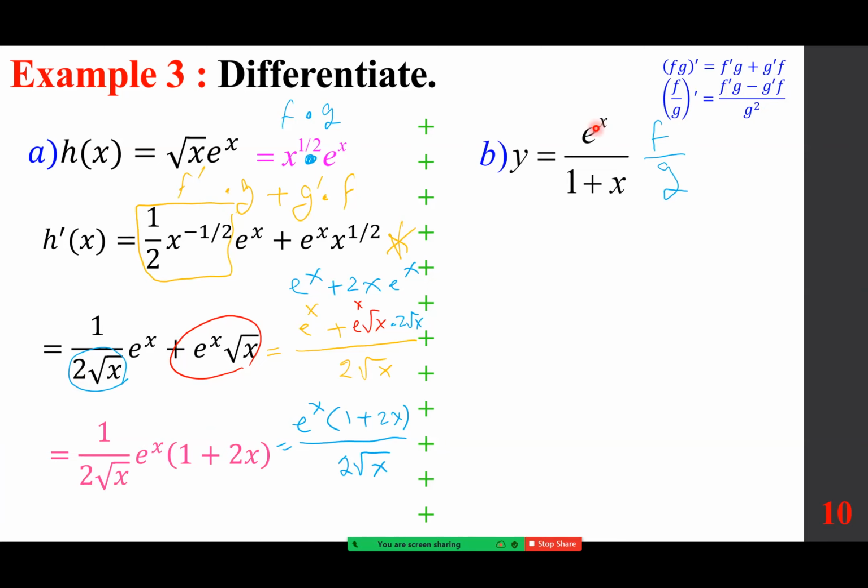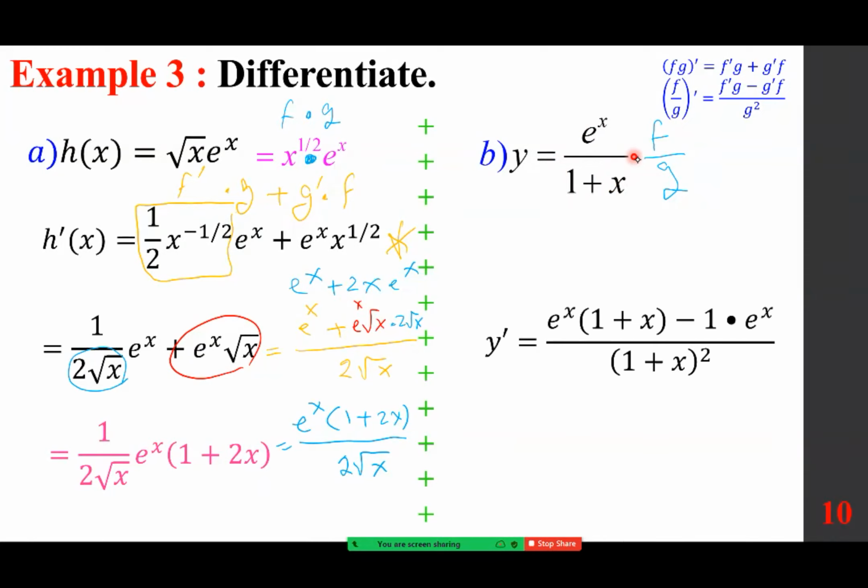So if we call this f, we need f prime, which is itself, e to the power of x, times g, 1 plus x, minus g prime, the derivative of the bottom is simply 1, times f, which is e to the power of x. And the denominator, just write it by putting it in a parentheses and squaring it. You don't have to do much.